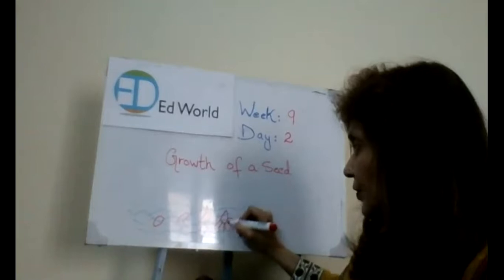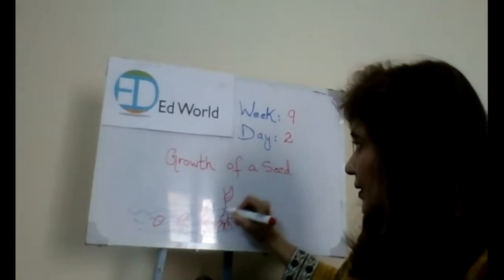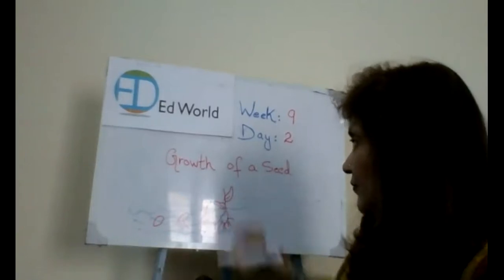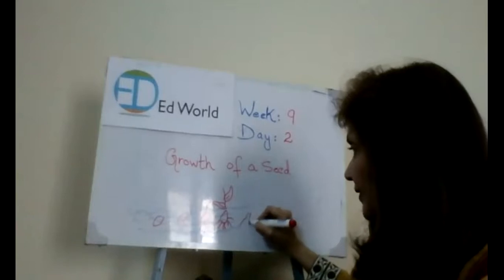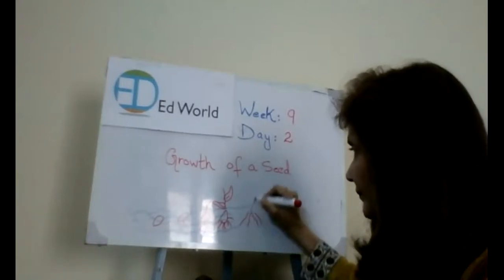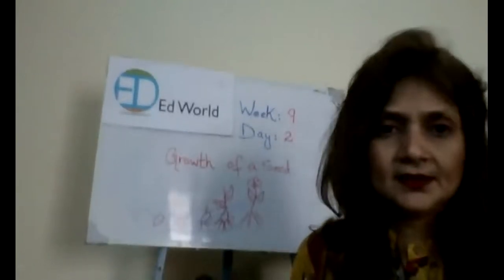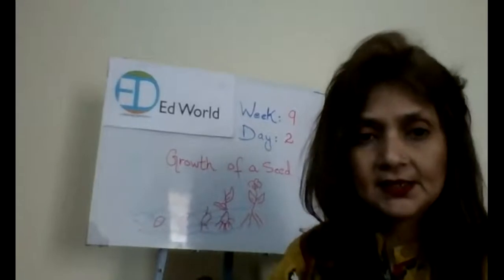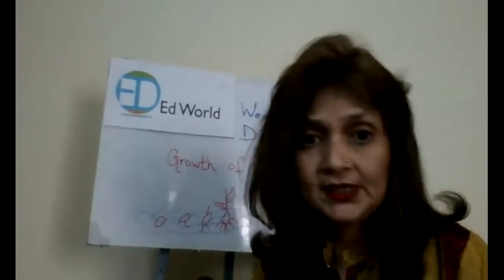These are the roots again. The stem is growing into leaves. Leaves are forming, and in the end we will have a big plant. So these are the different stages. I hope you have drawn in the same way.